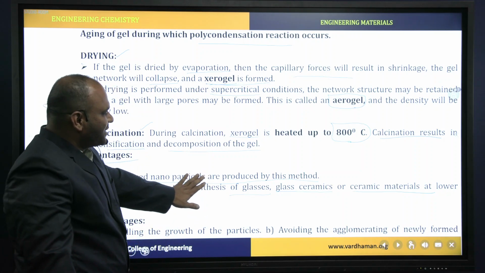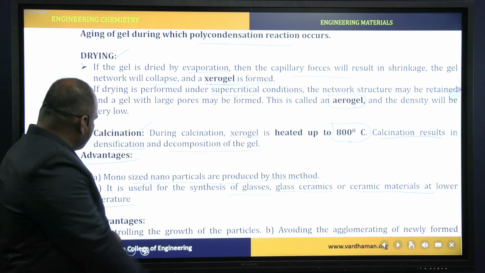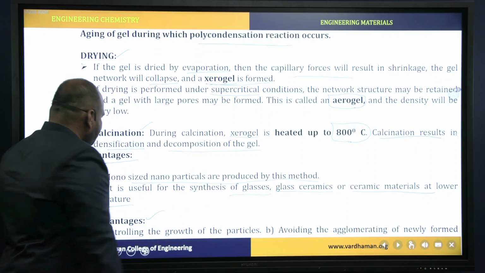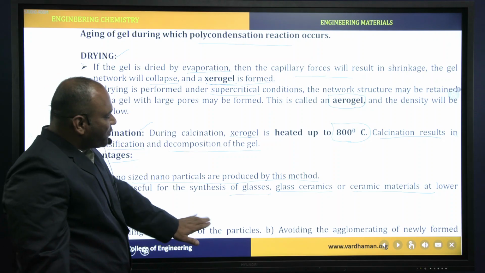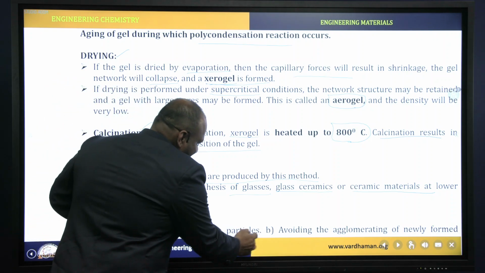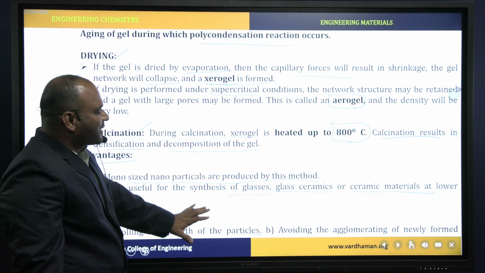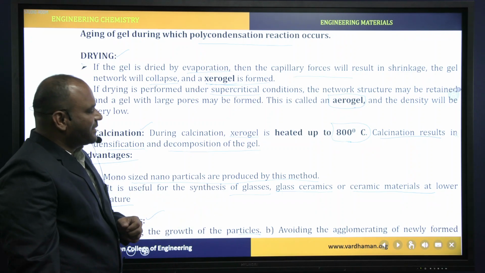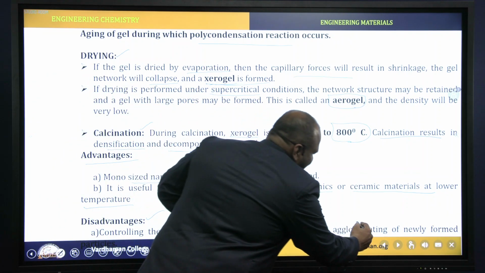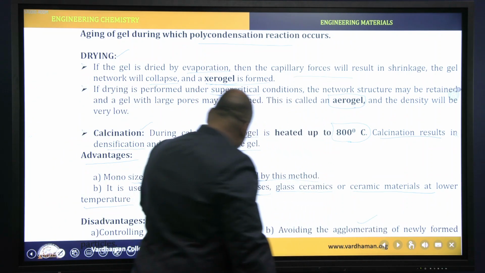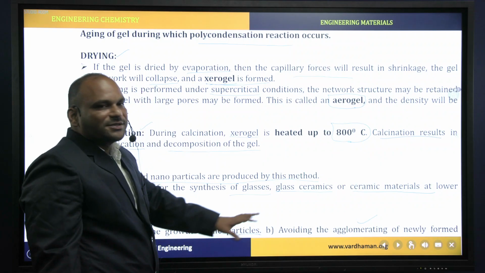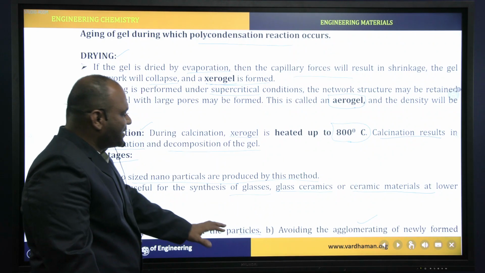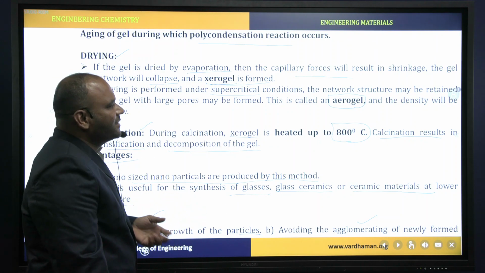These two are advantages of the sol gel method. Disadvantages: controlling the growth of the particle size is very difficult in this method. Avoiding agglomeration of newly formed materials is also very difficult. These are the two disadvantages.